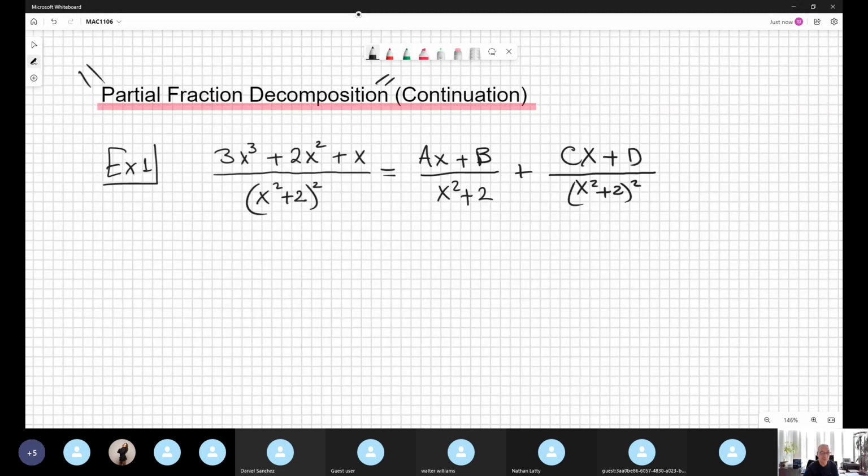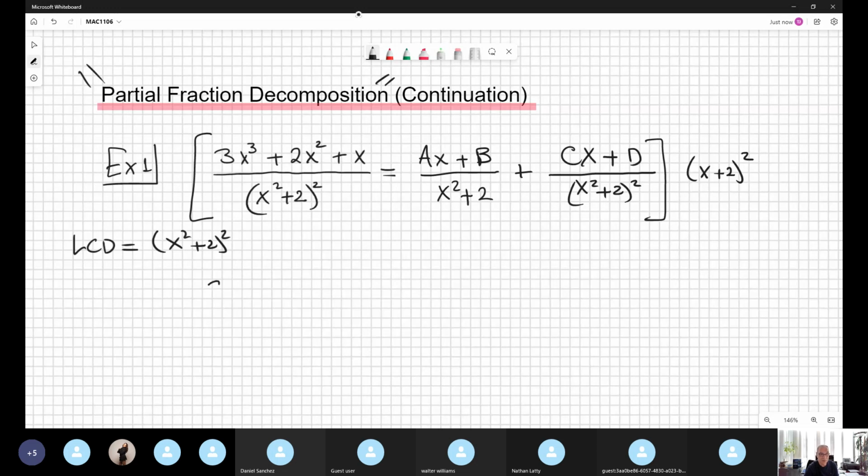Okay, let's do it. It's obvious that the LCD is x squared plus 2, squared. And when you multiply this expression times the LCD, you remember that the idea is to eliminate the fractions directly, no fraction anymore.